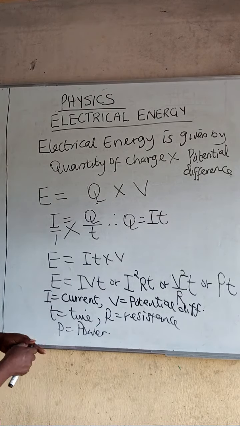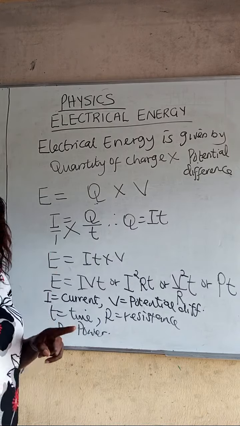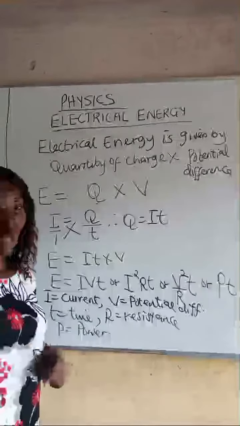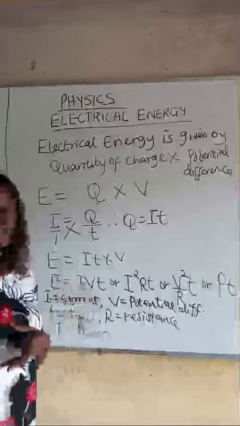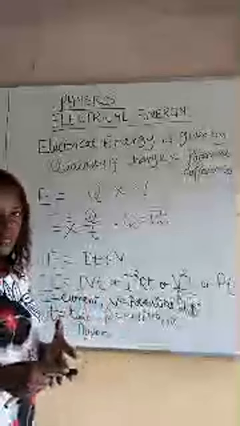These are the formulas we are going to use to solve for electrical energy, electrical heat, and electrical work done. Because the examiner sets questions based on terms, you should know that these formulas are for electrical energy and electrical heat.